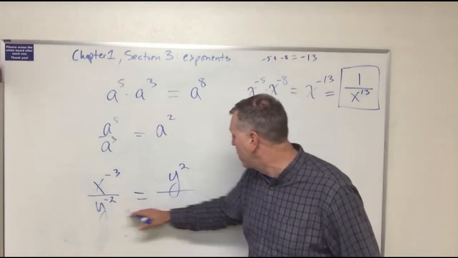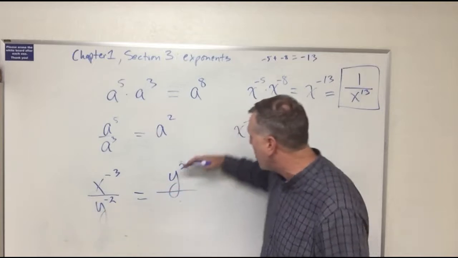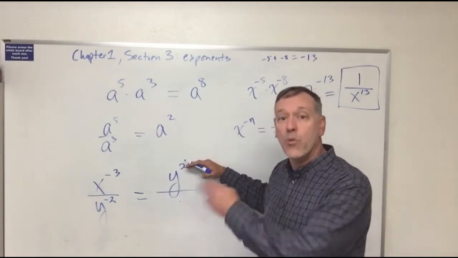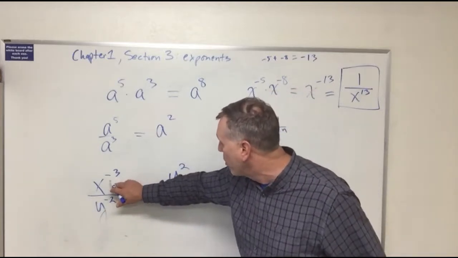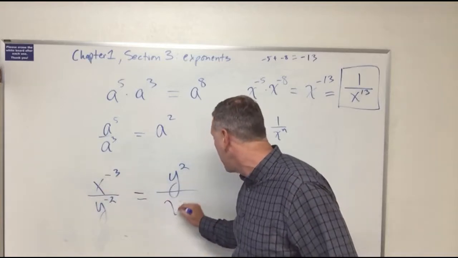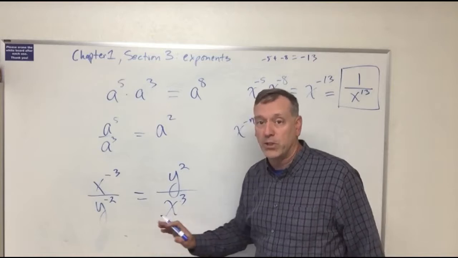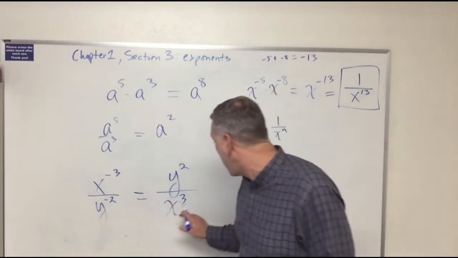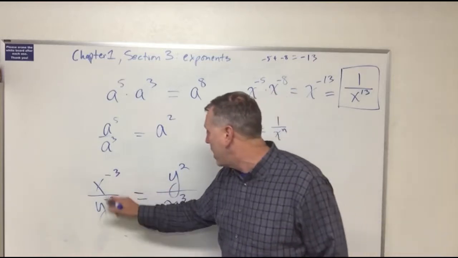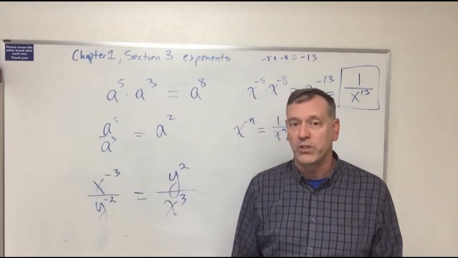That negative sign, written as a positive, pushes that y term into the numerator. And the same is true about the numerator on this side. X to the minus 3 now becomes x to the third written in the denominator. So this is the exact same fraction, one written with negative exponents, one written with positive exponents.